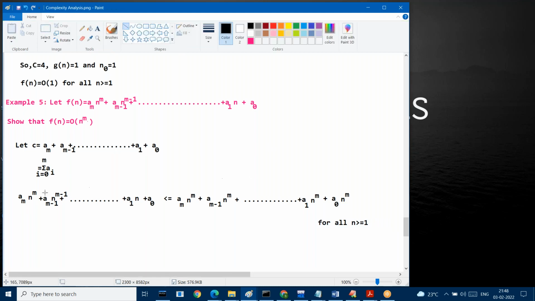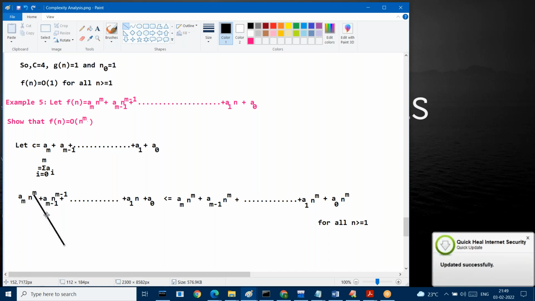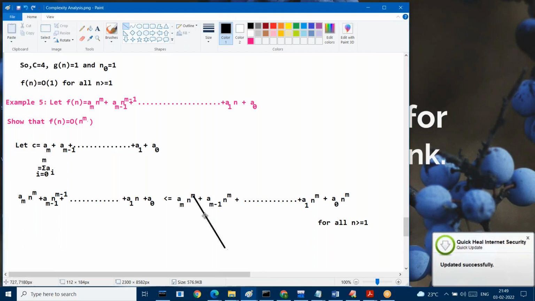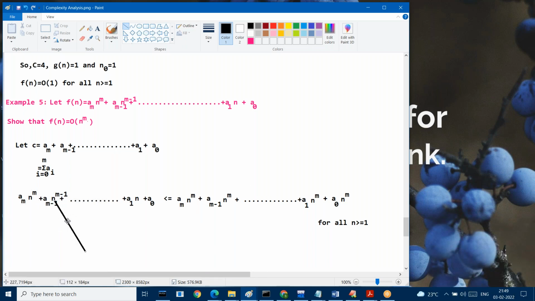Suppose you take any n value here, whether it is 1 or whether it is 2, and suppose some m value, let it be 3. So 2 to the power 3 means 8. So this constant is multiplied with 8. Here also the constant is multiplied with 8. Here some constant that is multiplied with n, what I said 2, m what I said 3. 3 minus 1 means 2, 2 square 4.